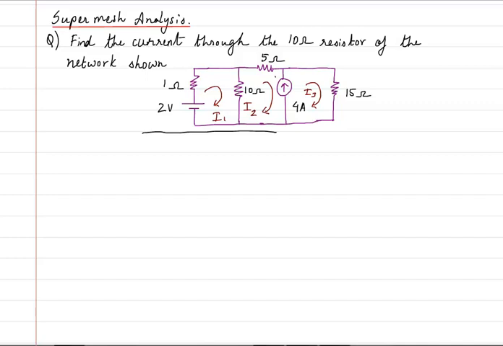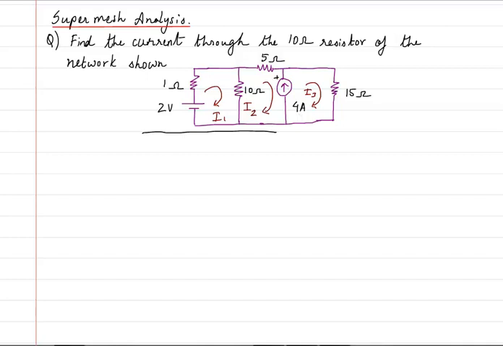a current source does not have a voltage across it. It does not have a voltage across it because the 4 ampere source is actually a current source. So what we have is only a current source and not a voltage across it.